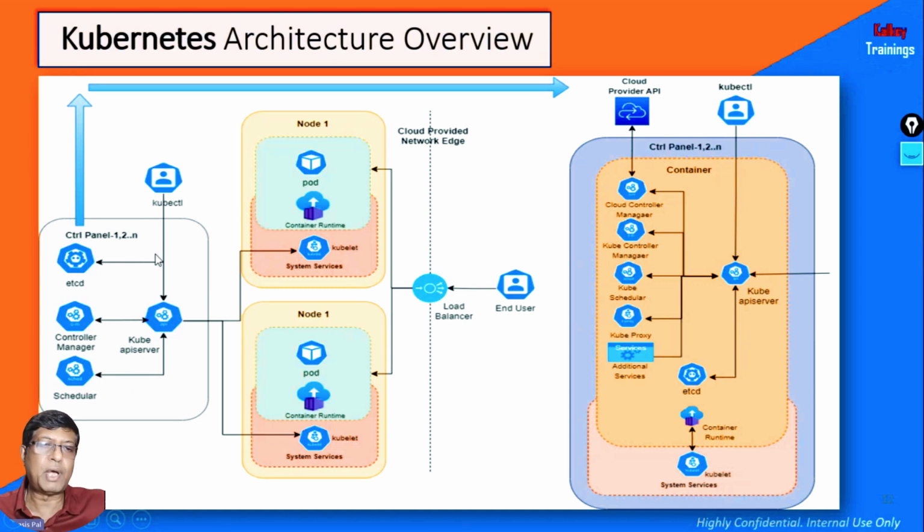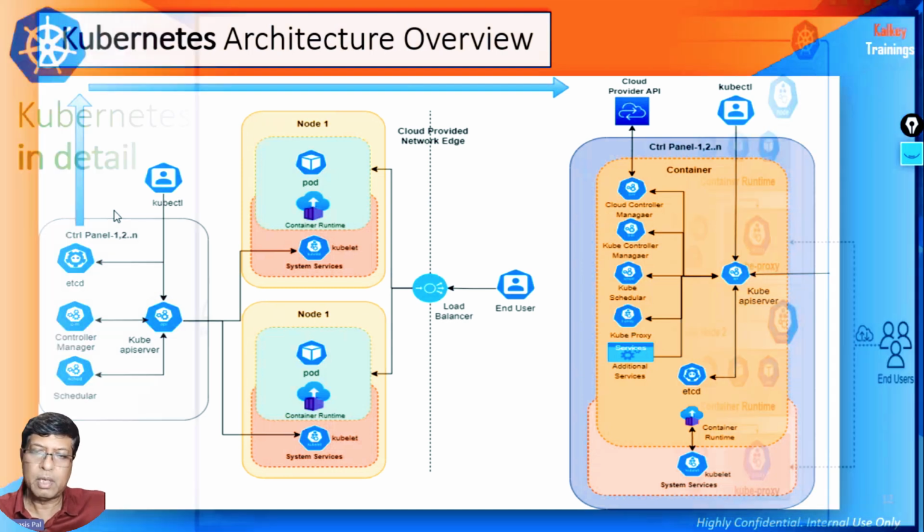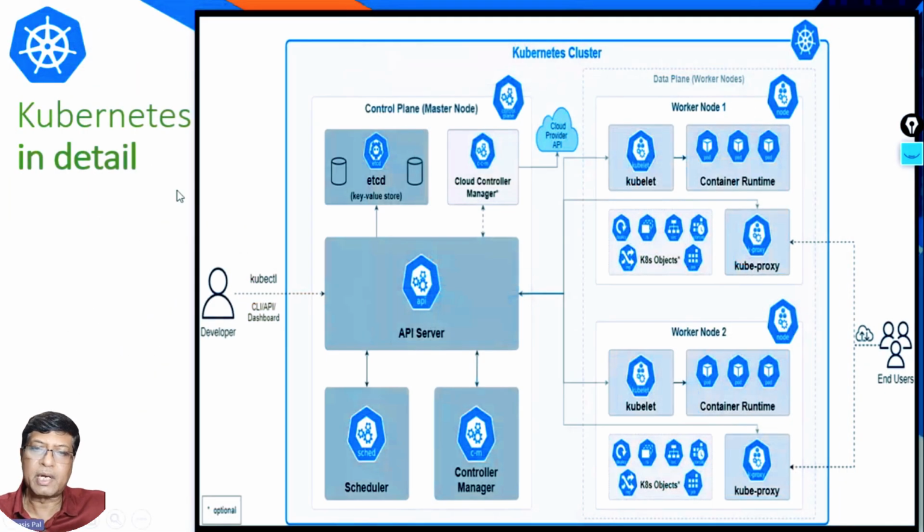You can also have a cloud provider API that can be integrated or interfaced with the master plane. I will tell you, there is a cloud controller manager, but this is optional. Most of the Kubernetes architecture, you are going to see when I'm talking about this one.